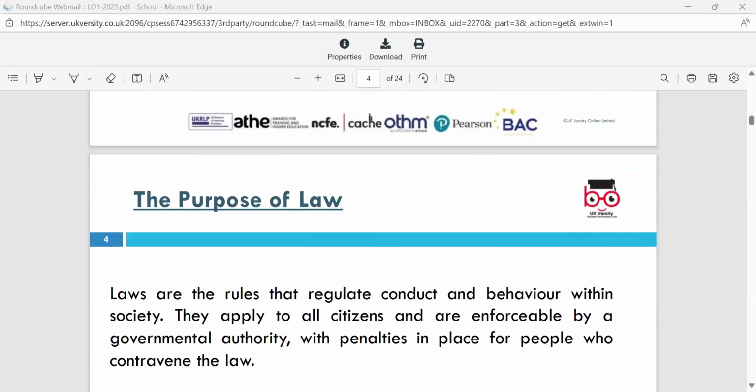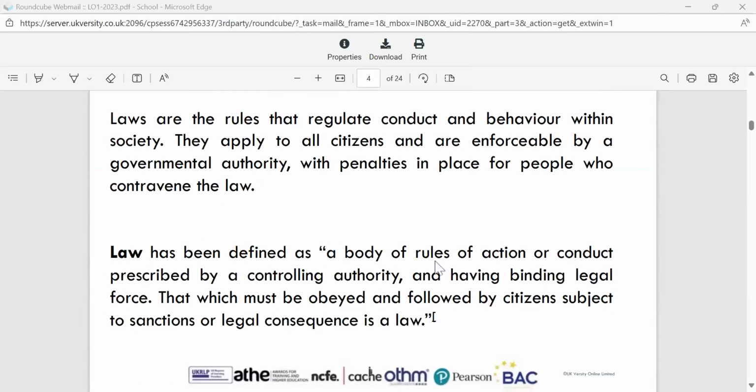So the purpose of law. We have the UK law, and then we have the purpose. The whole point is to reduce harmful conduct or behaviour in society and provide an acceptable kind of behaviour. So it's there to create general rules, setting standards for conduct, protecting fundamental rights and establishing procedures for disputes.